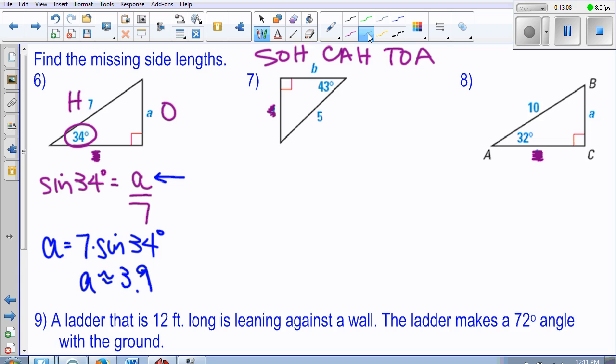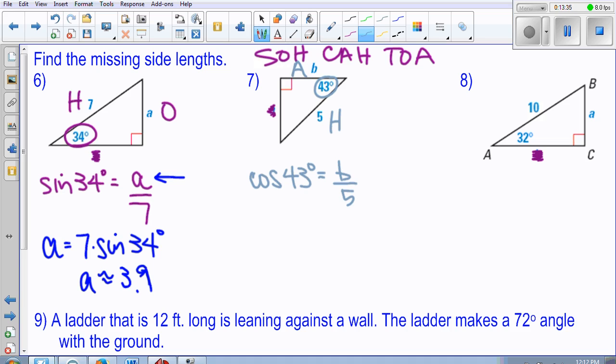In the next picture, first thing you want to do, circle the angle, and then label the side lengths. The 5 is the hypotenuse because it's across from the right angle, and the B is your adjacent side because it's next to the angle that I circled. According to SOHCAHTOA, anytime I have A and H, we're going to use cosine. So cosine of 43 degrees is equal to adjacent side over hypotenuse.